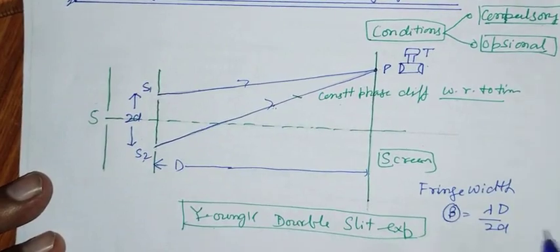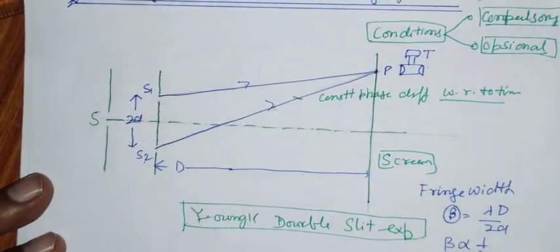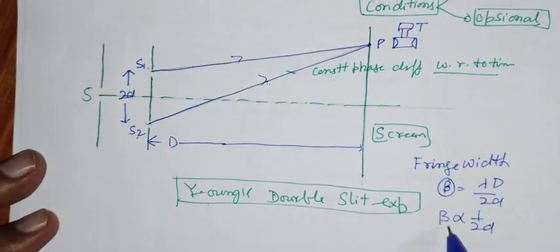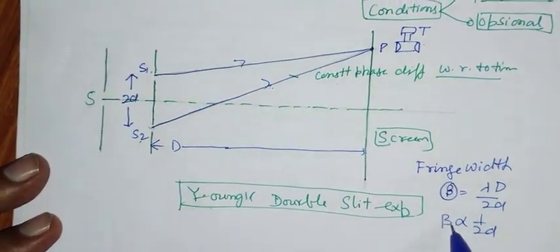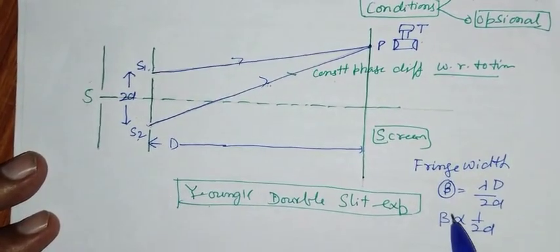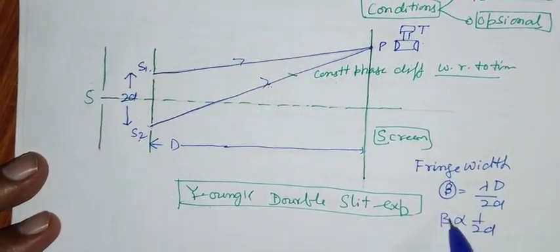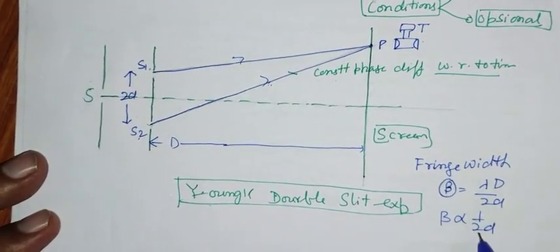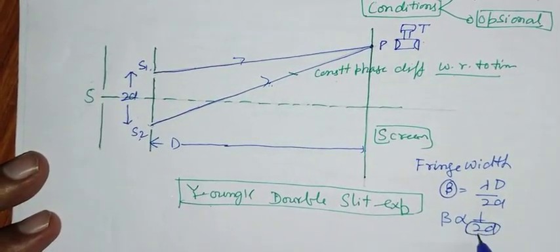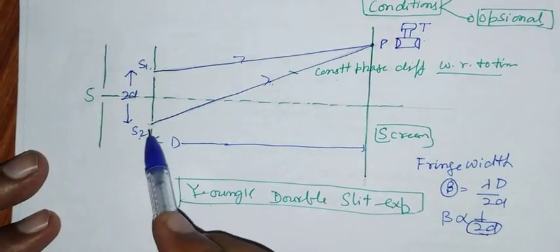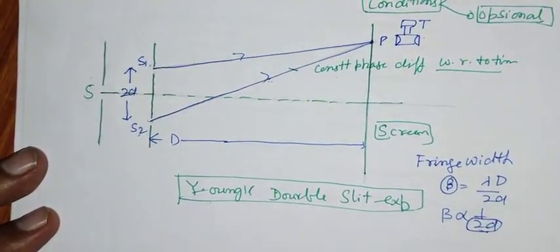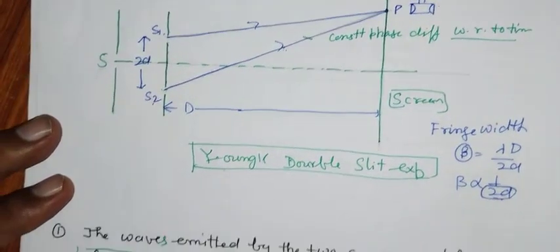So fringe width beta is inversely proportional to 2d. If we want to see good interference fringes, we need a good fringe width, so we must keep a minimum distance between the two virtual sources.